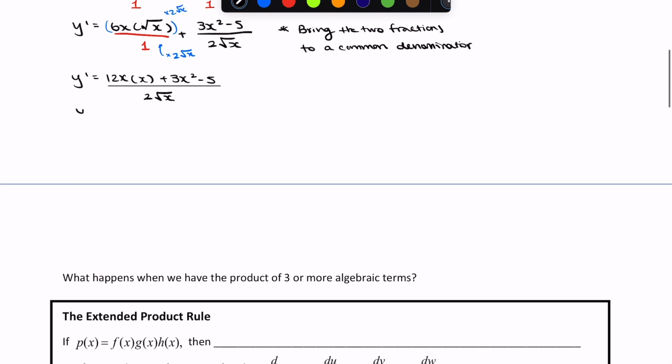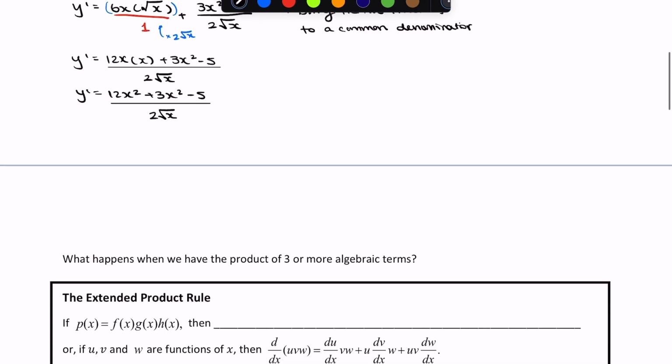Simplify this, we have y prime is equal to 12x squared plus 3x squared minus 5 over 2 square root x. And here, again, combine the like terms. Y prime is therefore equal to 15x squared minus 5 over 2 square root x.